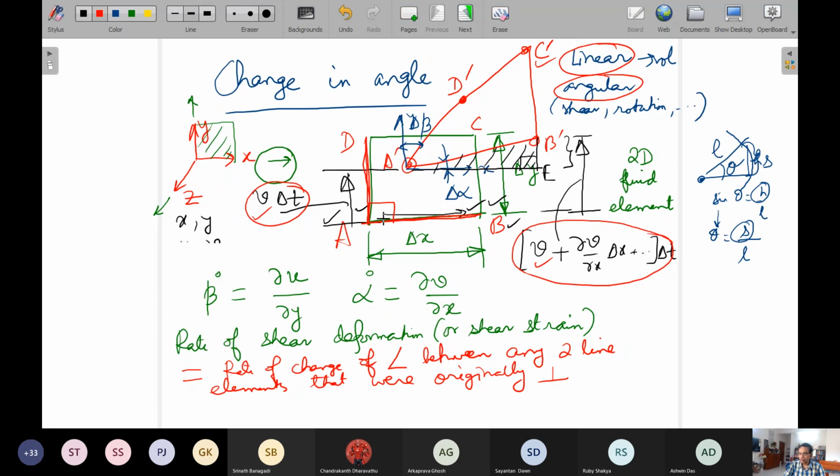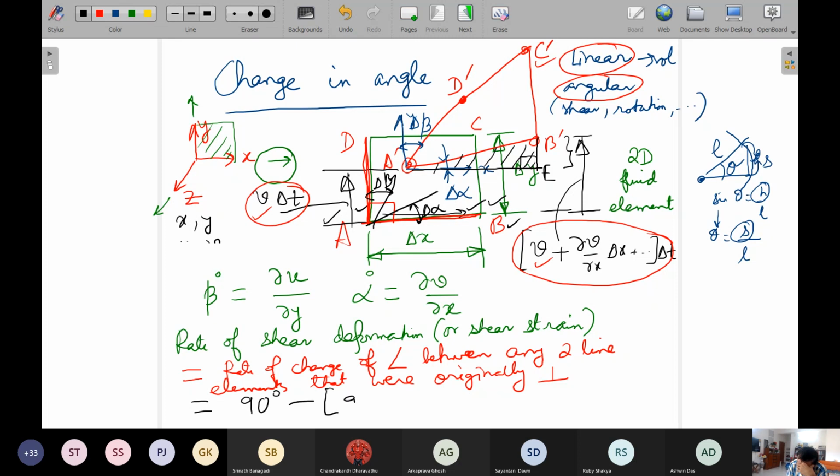So this is the original scenario. Now after deformation, what is the scenario as per the diagram which is drawn here? This is being moved by delta alpha and this is being moved by delta beta. So originally the angle was 90 degree.